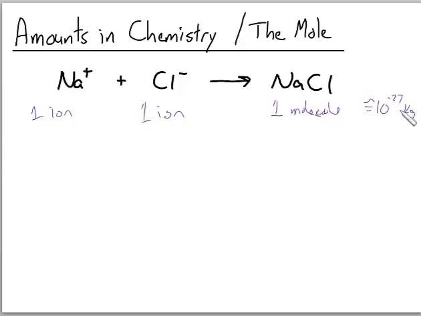As humans, we have technology that allows us to record masses that low, but we don't have something like a balance in the laboratory where we can just weigh out a single thing. So what we need to do is ramp up the number of ions and molecules that we're talking about with this particular reaction.